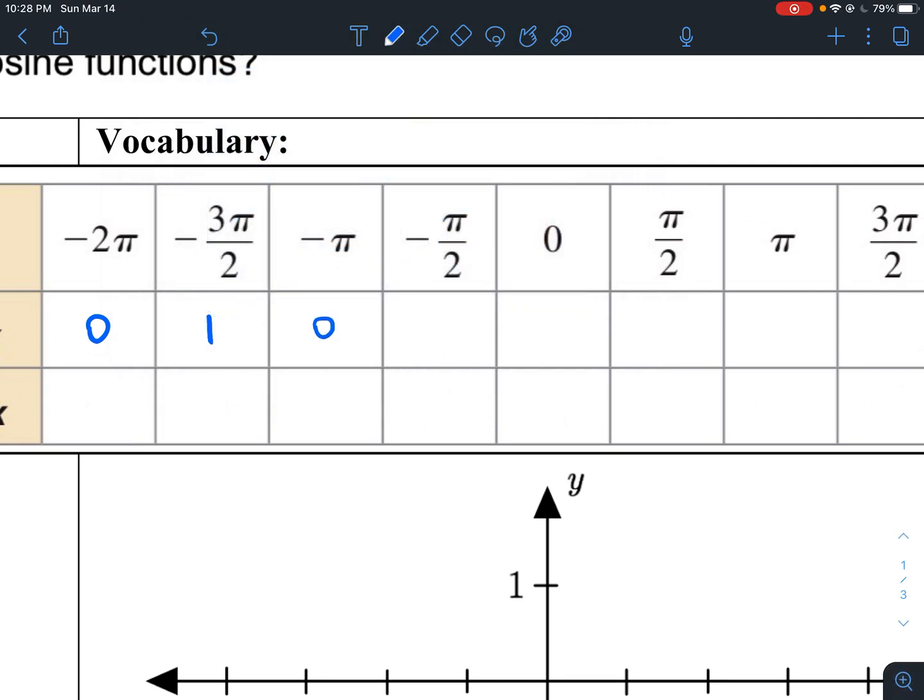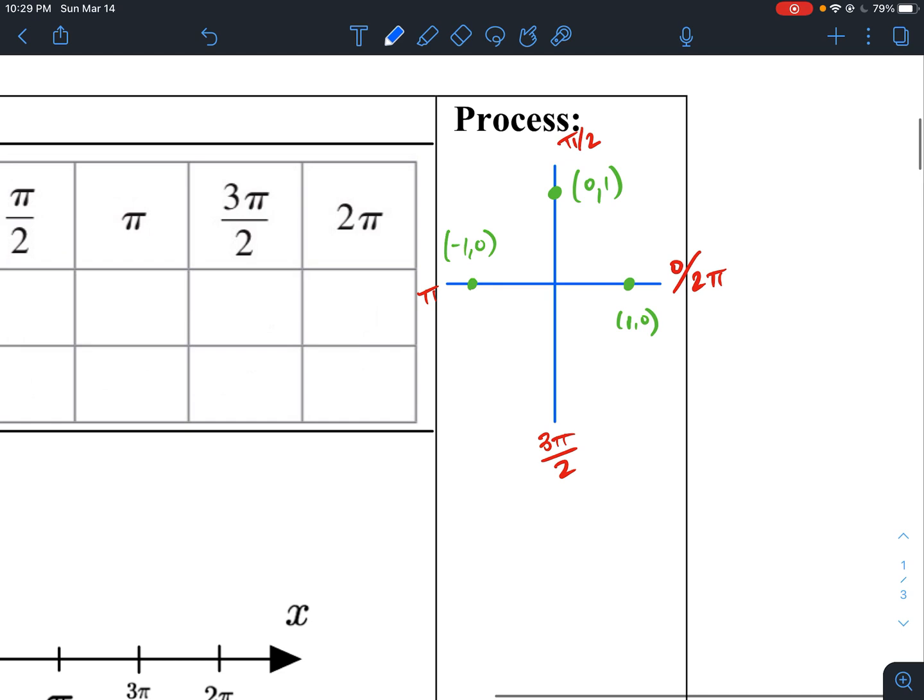Okay, negative pi over 2. Negative pi over 2 is negative 90 degrees, so I rotate down there. So it'll be at this point right here, which is 0 comma negative 1.